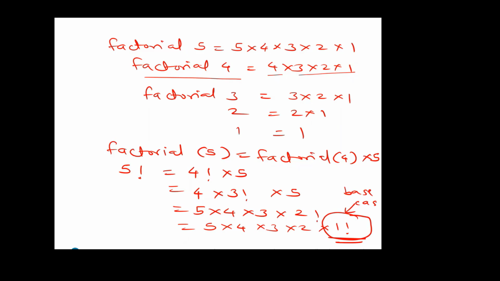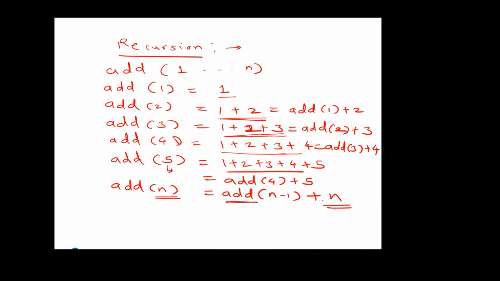Now, similarly, for the addition problem, add n minus 1 plus n, when we actually get a value 5 and we substitute it, if we have to go in the reverse direction, I'm calculating add of 5, that is nothing but add of 4 plus 5, which is add of 3 plus 4 plus 5.